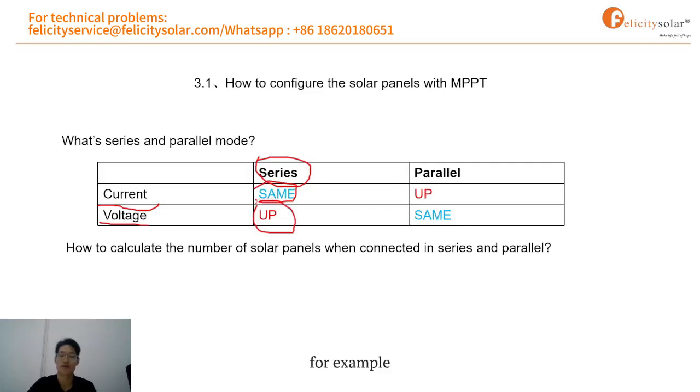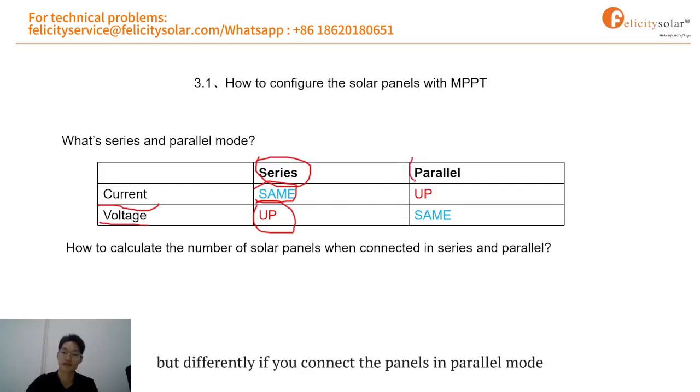For example, if you connect three panels in series, your voltage will be tripled, just times 3. The voltage will be 3 times its original. If you connect 5, the voltage will be 5 times.